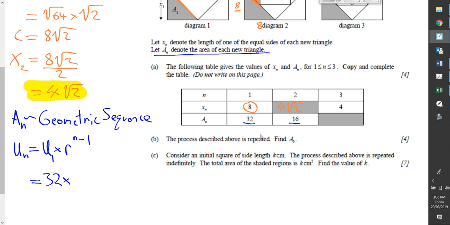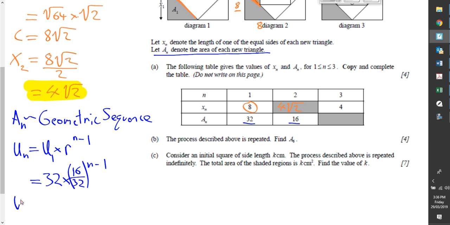So our ratio is got by dividing the terms by each other. So this is going to be 16 over 32. Okay, to the power of N minus 1. Okay, so let's just simplify that.